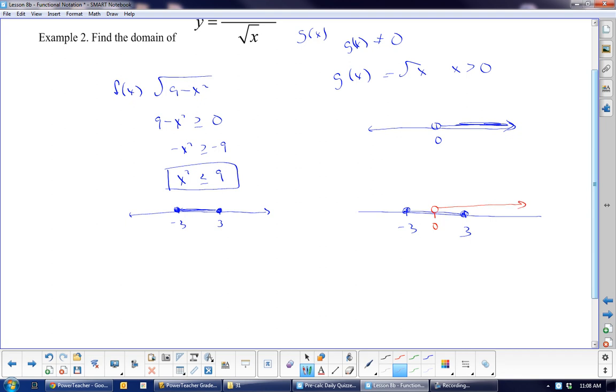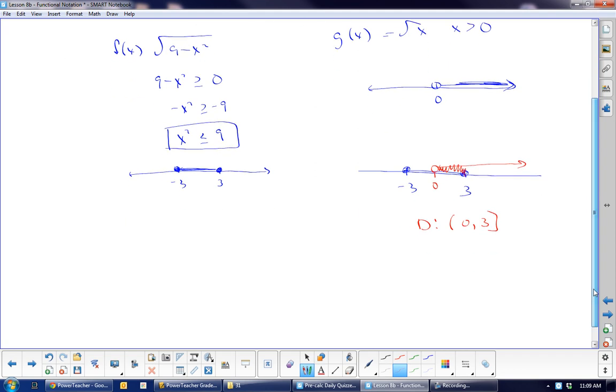So what they share is just that, right? So the domain would be round bracket 0, comma 3, square bracket. Okay?